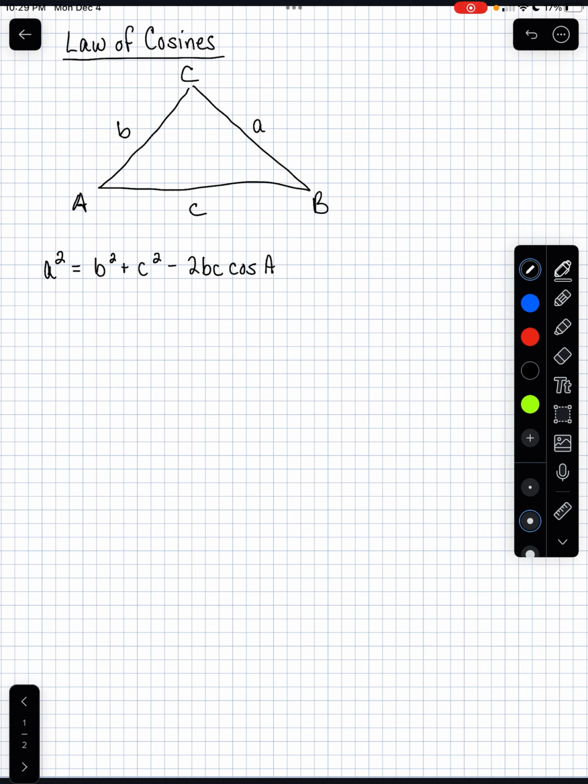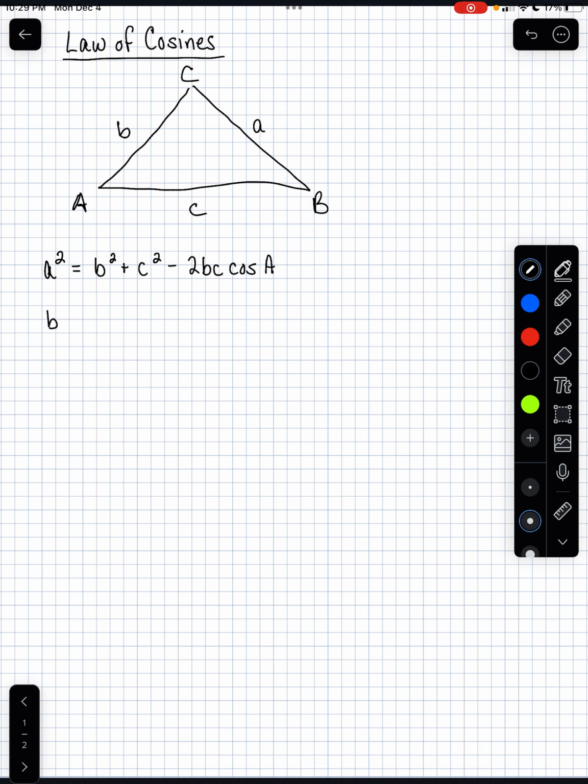Yikes, that's a rough formula. The other two forms are very similar, and it helps if instead of reading this with A's, B's, and C's, you think of which side you are looking for and which two sides and angle you have.